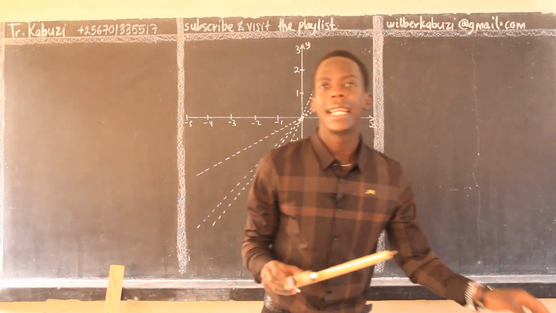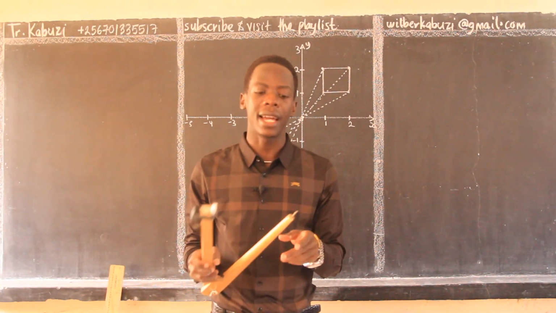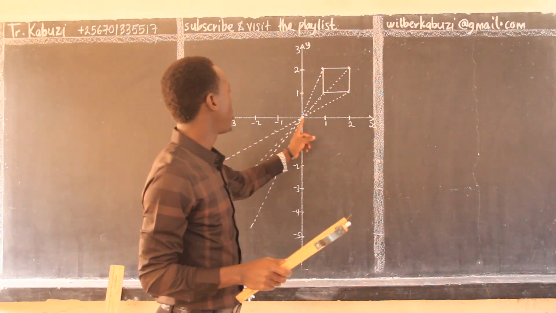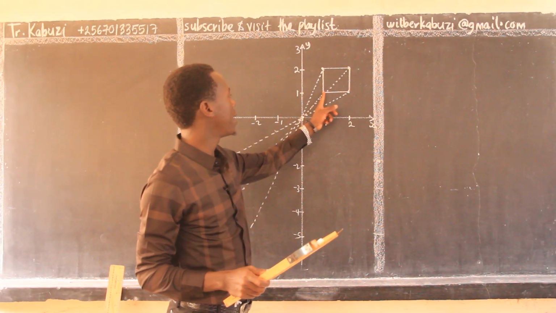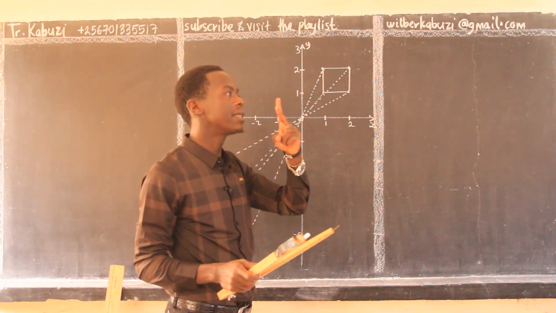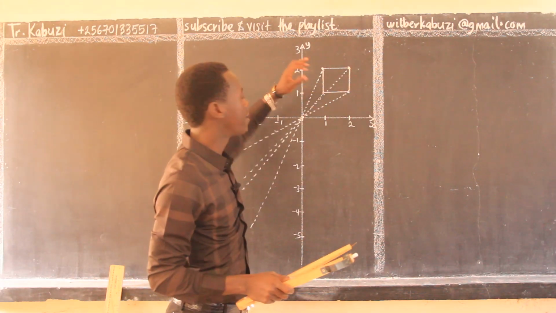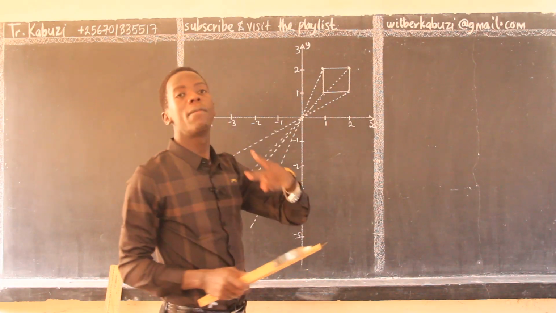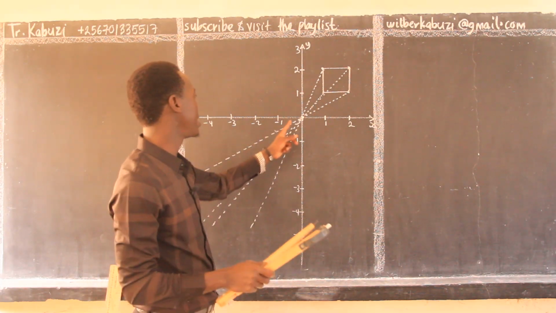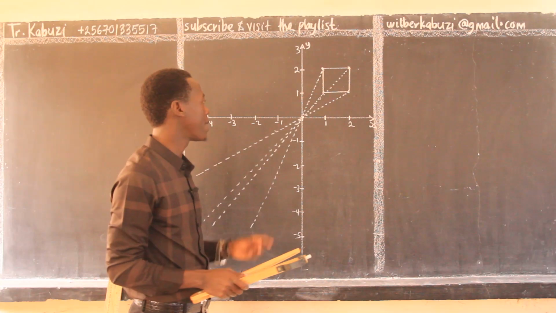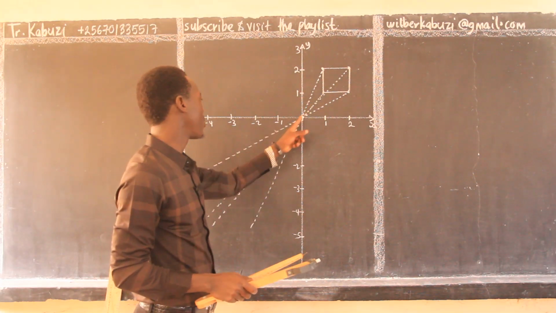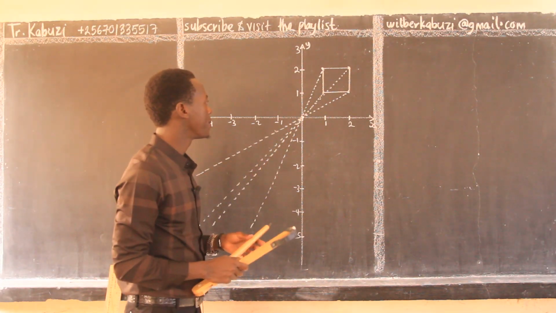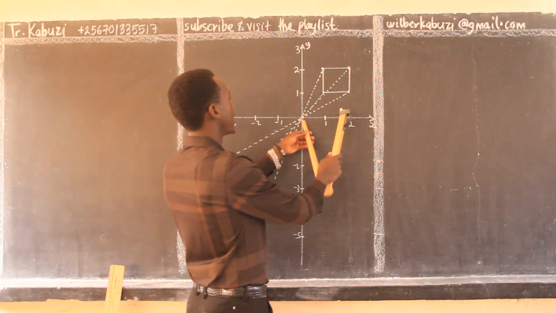The scale factor is 2, meaning that the image distance is going to be twice the object distance from the center of enlargement. The distance from here up to here is going to be multiplied 2 times to get the distance of the image, following the lines we drew already. Let me start with this one.